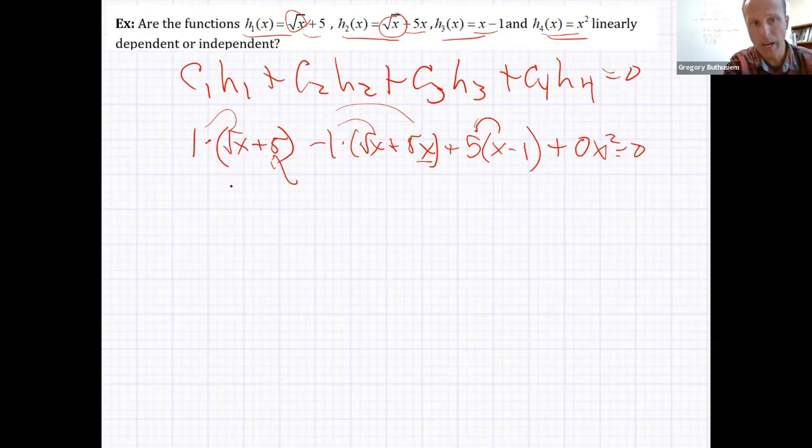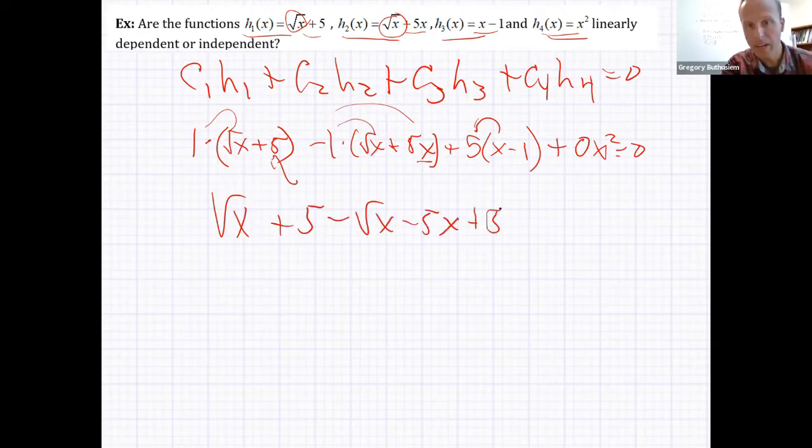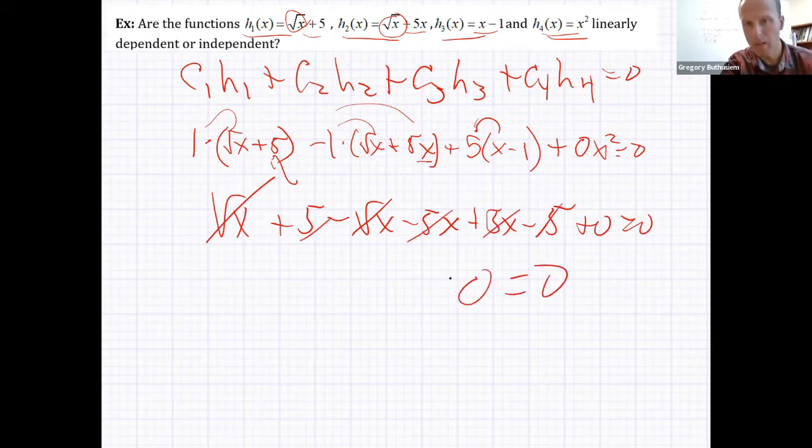It's all going to zero out: square root of x plus 5, minus square root of x minus 5x, 5x minus 5, and 0, equals 0. I just built it as I went. These cancel, these cancel.